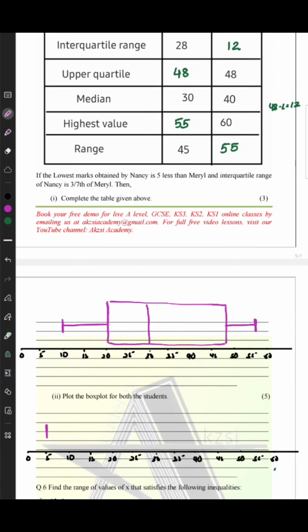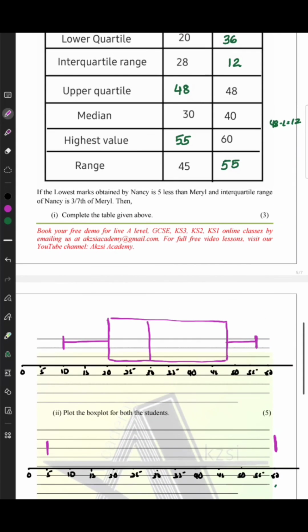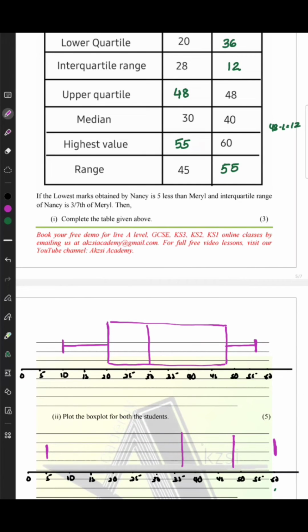Then the highest value is 60, so it's 60 here. Lower quartile is 36, so 36 would be here, like this. Upper quartile is 48, which would be here, and the median here is 40, which is here.